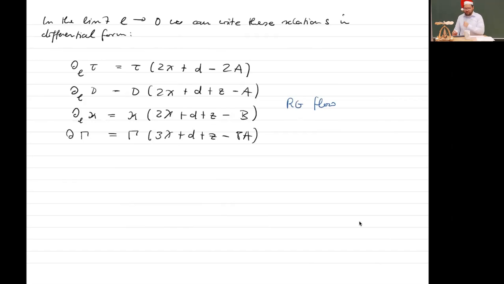This is what I showed you at the beginning of the lecture, where I said, okay, so the space of all possible actions, our renormalization lets us travel through the space of all possible actions. Okay, now that's the renormalization group flow.